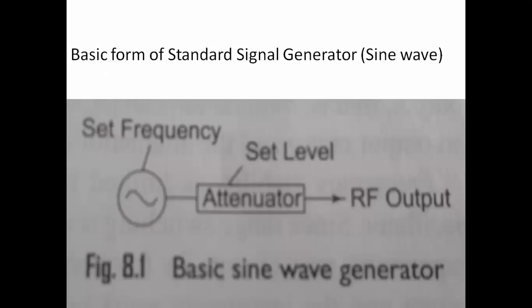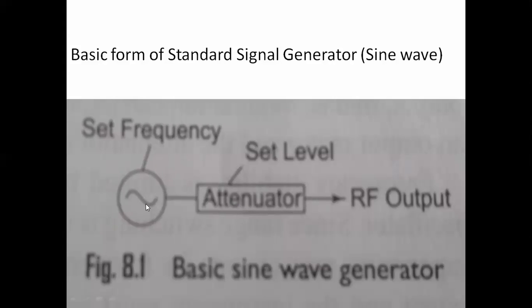Coming to the basic form of a standard signal generator, any type of signal generator must have the following two components. The first one is an oscillator, and the second one is an attenuator.